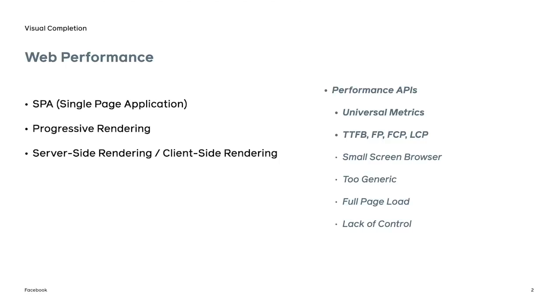With this motivation, we want to build a new solution for achieving more accurate, insightful, and reliable measurement. The purpose of visual completion is to measure user-perceived latency of web page loading.